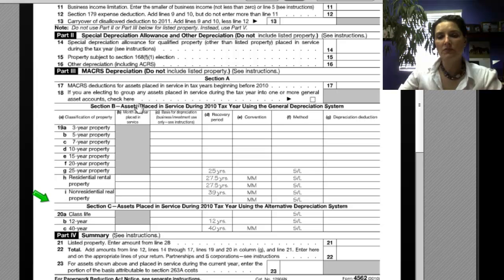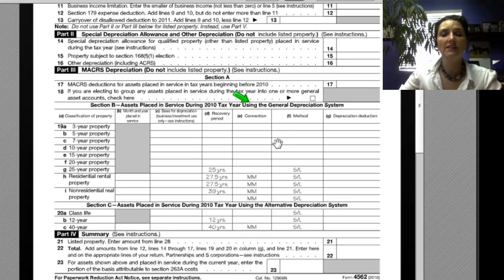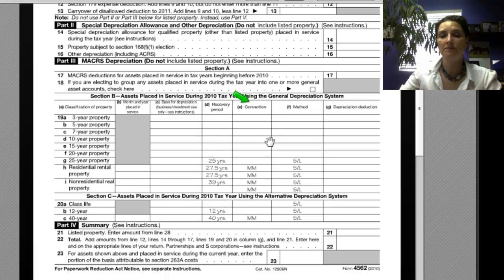And when we go across the top, we've got all of these columns with information that has to be entered, including the month and year placed in service, basis for depreciation, recovery period, convention, method, and finally the depreciation deduction. Well, we're going to learn what each of these columns is used for and how to calculate the number or information that is reported in that column.